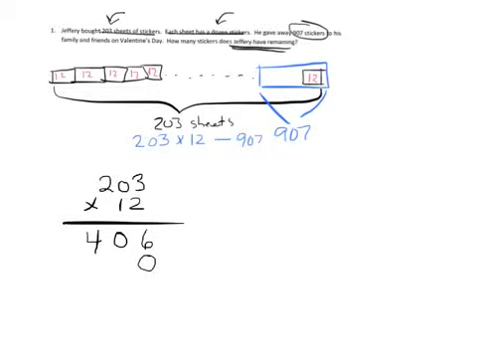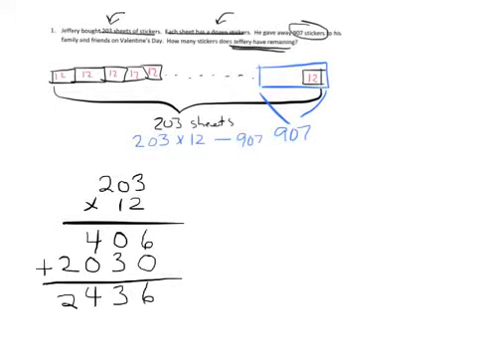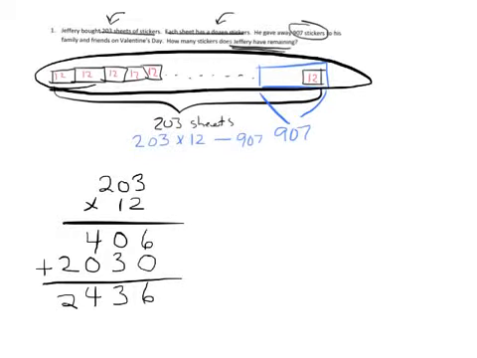So 1 times 3 is 3, 1 times 0 is 0, 1 times 2 is 2, so we got 2,030. And now we're free to add, so 6, 3, 4, 2. So that's 2,436 stickers in total. That's all of these.